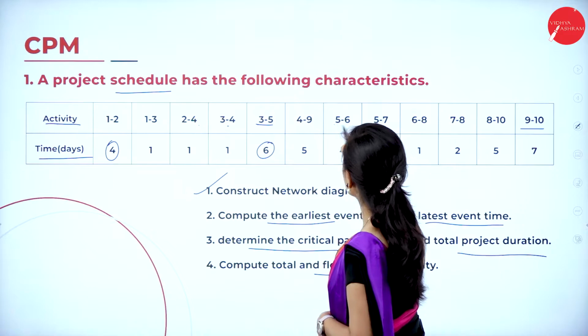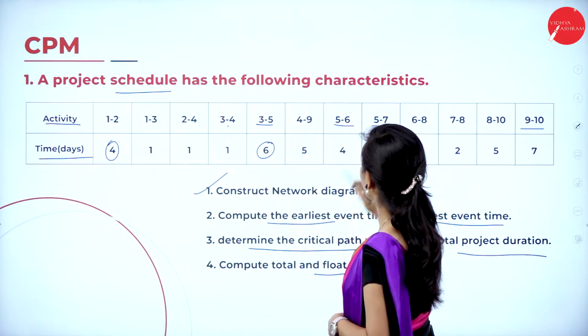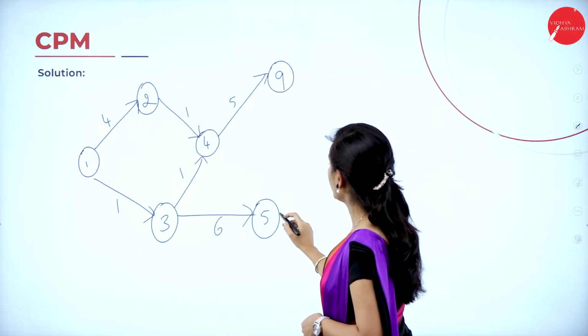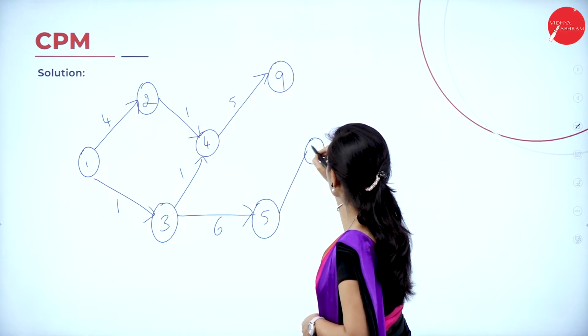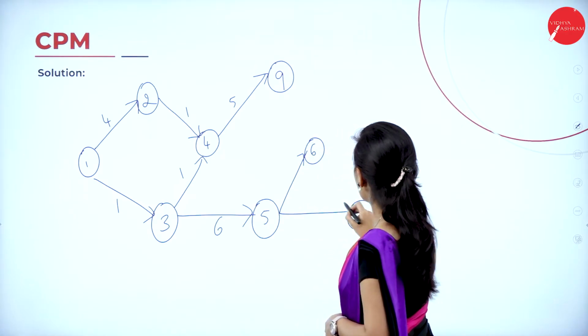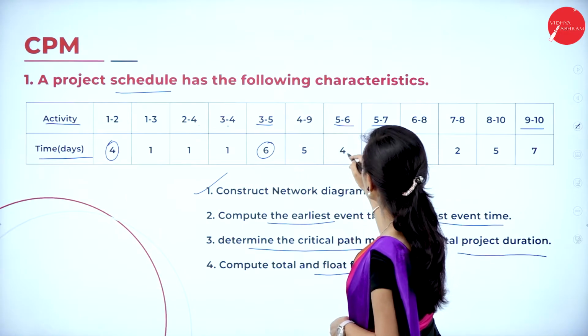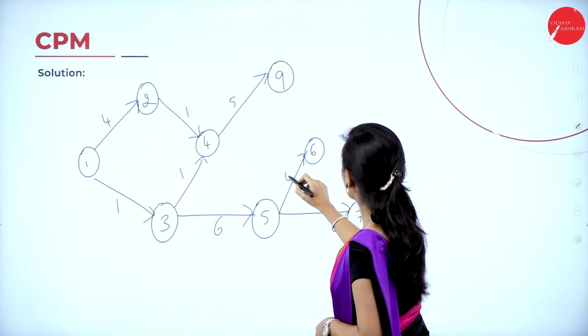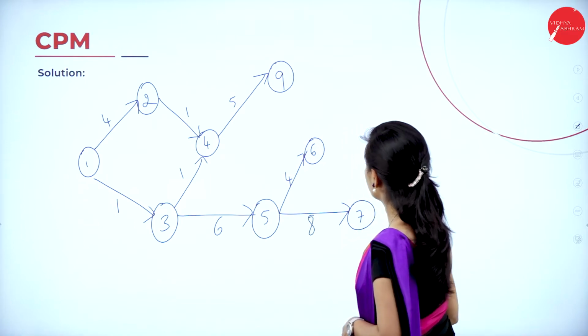And next one is 5 to 6 and 5 to 7. 5 to 6 is 4 and 5 to 7 is 8.